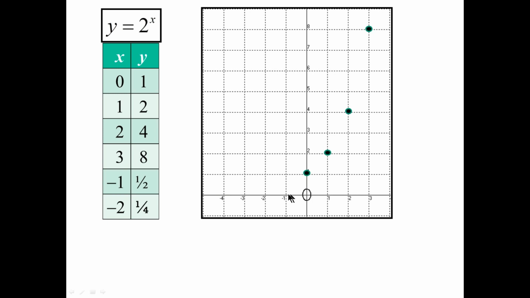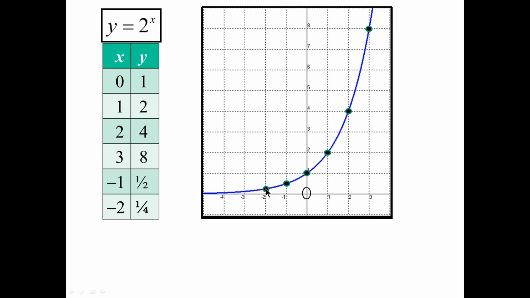Negative 1, 1/2 is negative 1 and halfway to 1. Negative 2, 1/4 is negative 2 and halfway to a half, which is a quarter. Join them all together, and let's label this y equals 2 to the x. Now we note that b is greater than 1. Here b is 2.